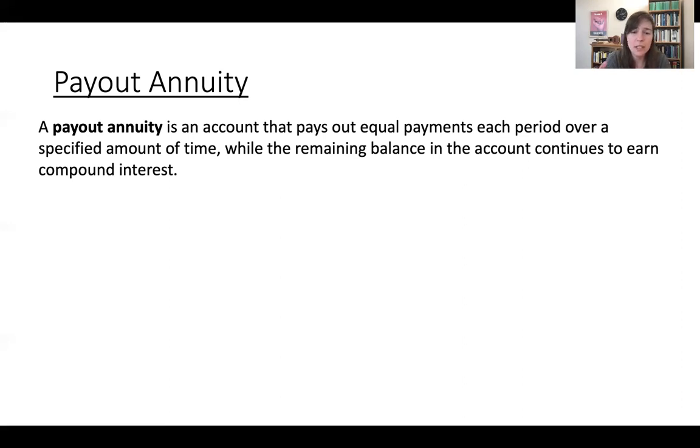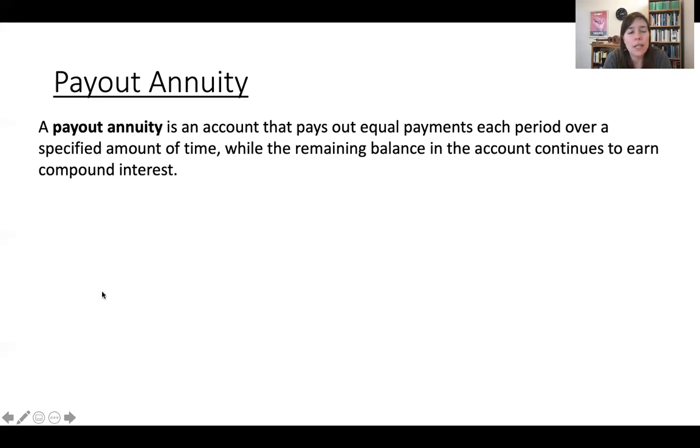So the idea is, okay, sure, maybe you saved your 500,000 or 700,000 or some large chunk of money over 30 years, you've saved that. You don't just take it all out at once. You want to pay yourself like a monthly wage, basically, during your retirement. And if you're doing that, you want the money that you still got saved, you still want that to be accruing interest.